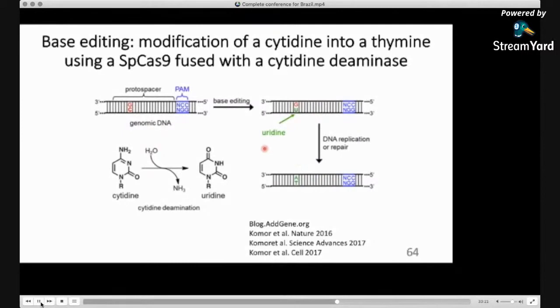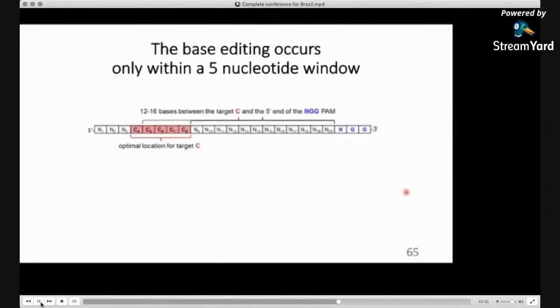This technology permits to chemically modify cytidine into a uridine, which is replaced by a thymine following DNA repair. The main limitation of that technique is that the chemical modification of the cytidine will occur in a narrow window of 5 nucleotides located at 12 to 16 base pairs from the NGG PAM.